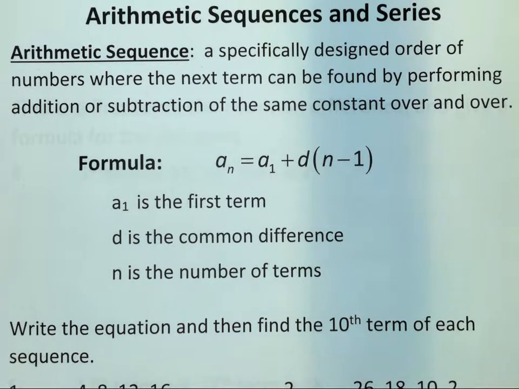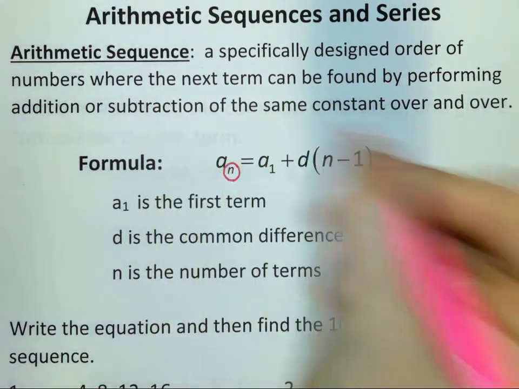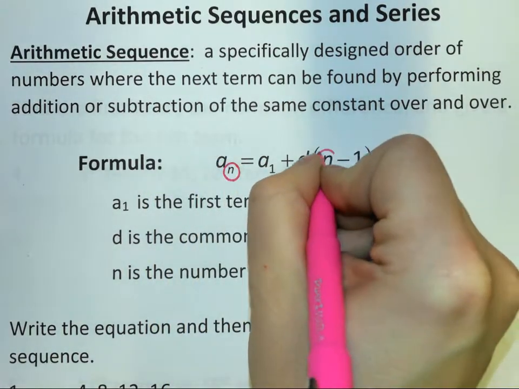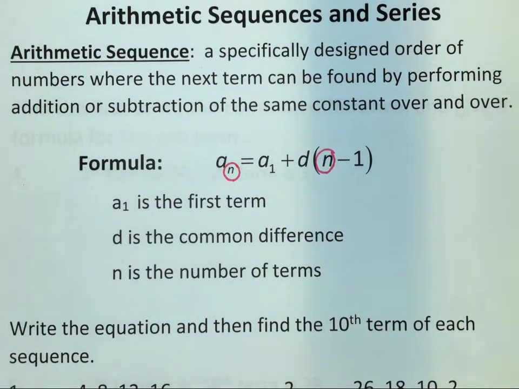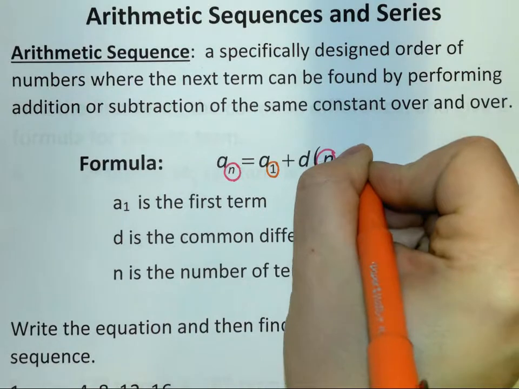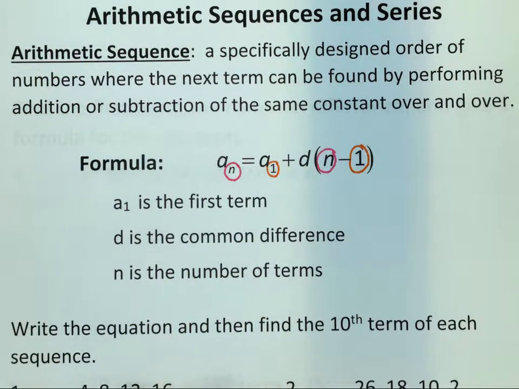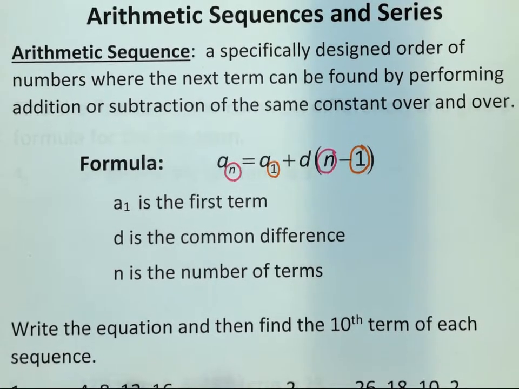But I want to point out to you guys right from the beginning that no matter what this number is here, that is this number here. No matter which term they give you, that is this number here. Always. We just usually write it with the first term because that's where we start. We start at 1, but you're not always given the first term, so you might not always want to use 1.